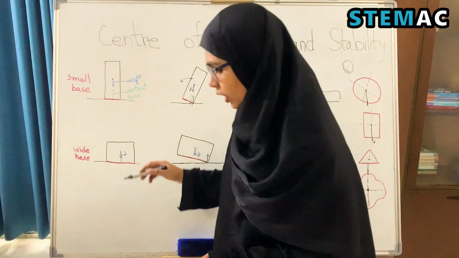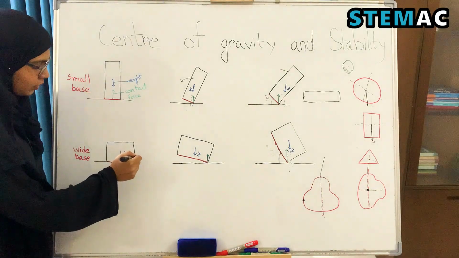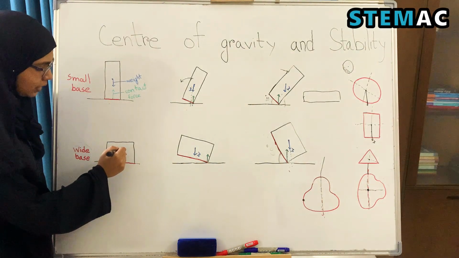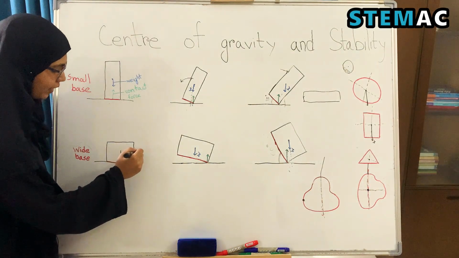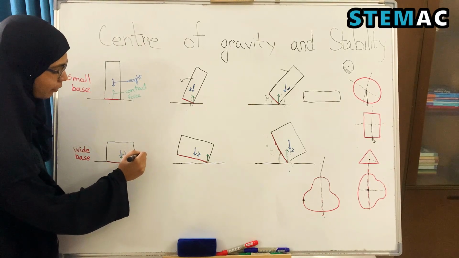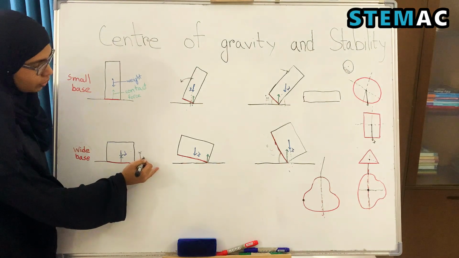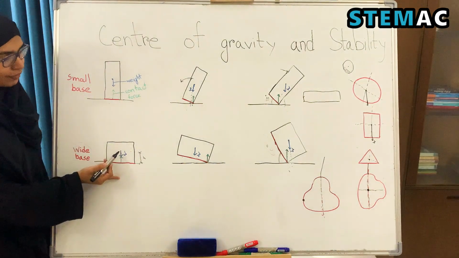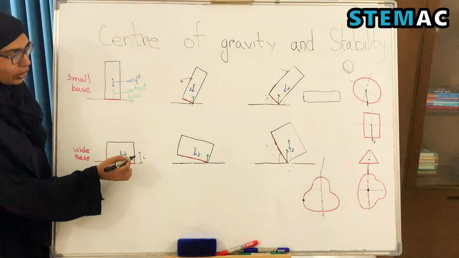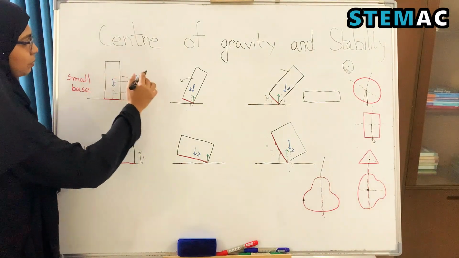Also here, as the center of gravity is somewhere around this point, the height from the ground is less, so the center of gravity is acting at a lower point. But here the height from the ground is more.